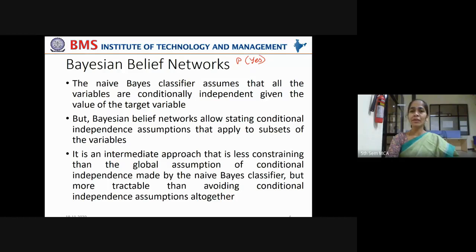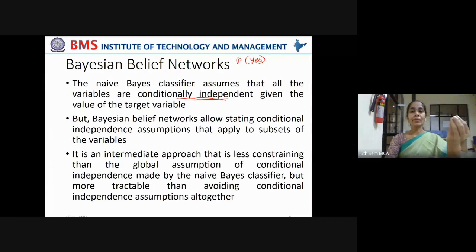That is why we calculated the probability of humidity given yes, the probability of wind being strong given yes, and in the same way the probability of wind being strong given no. For every attribute, we tried to find its relation with the target label, because of the assumption that the variables are conditionally independent. They don't have any relationship with each other.